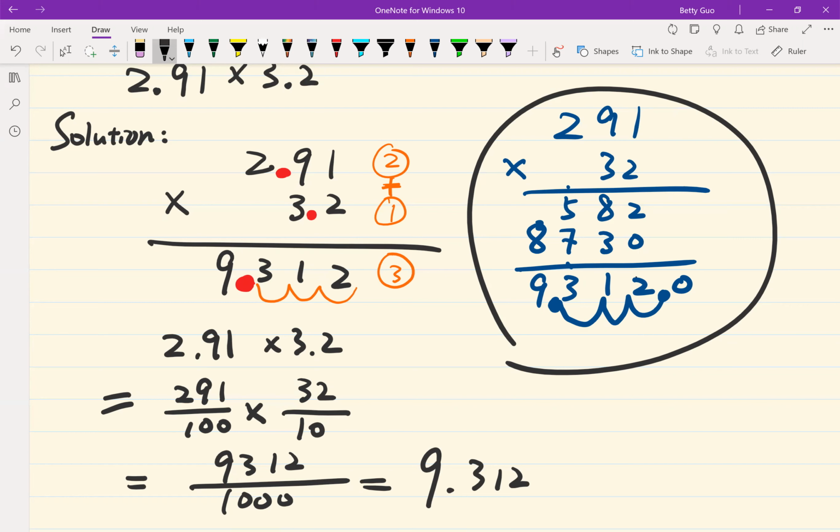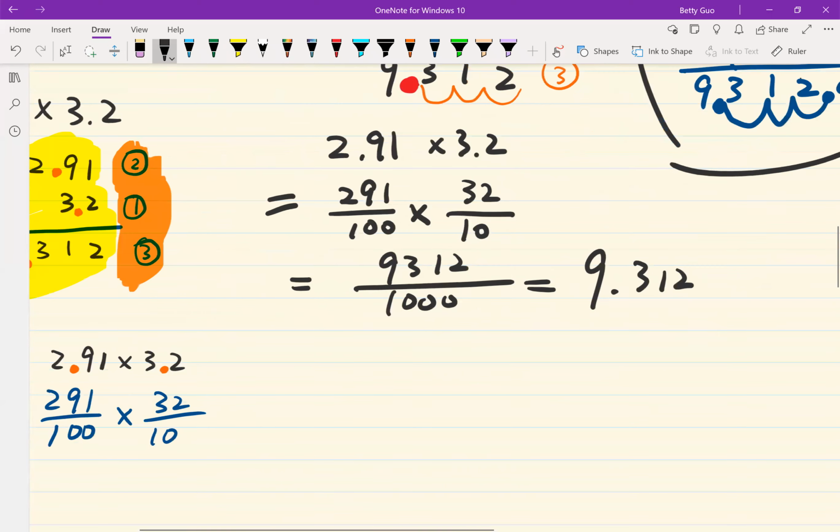Another way to process multiplication of decimals: you convert both factors to fractions, and then you multiply the fractions, and then you go back and convert the fraction to its equivalent decimal. Your turn. You guys practice.